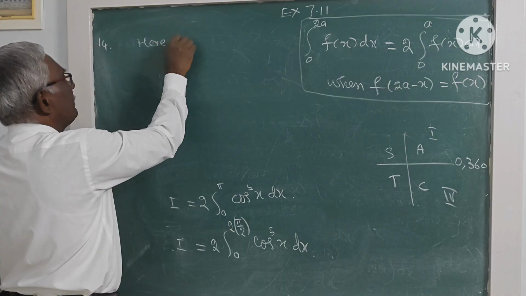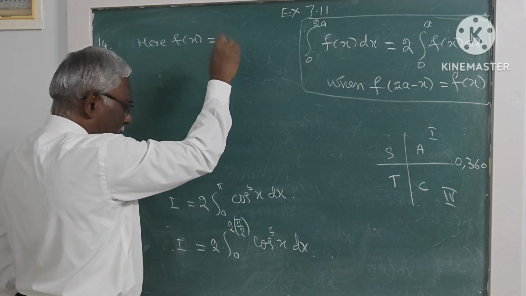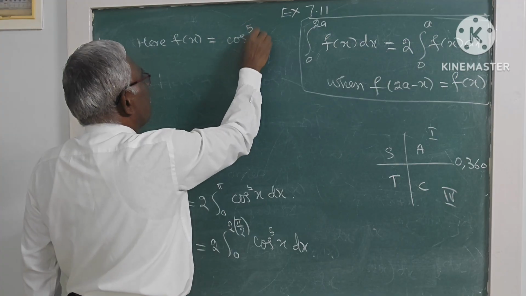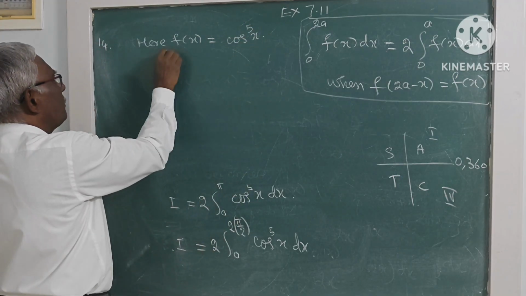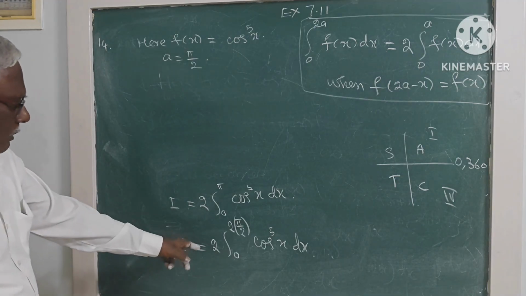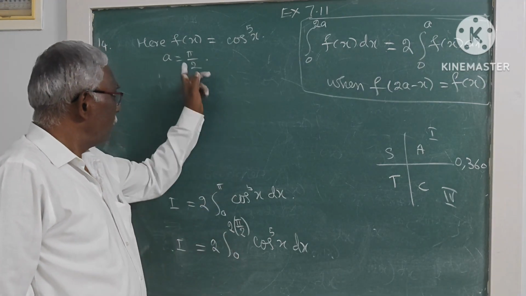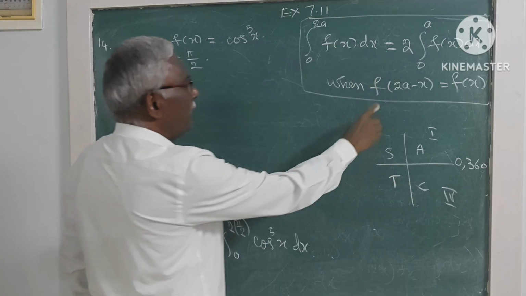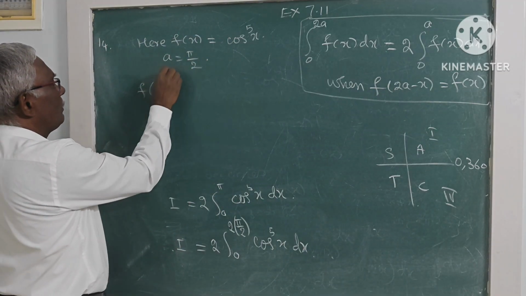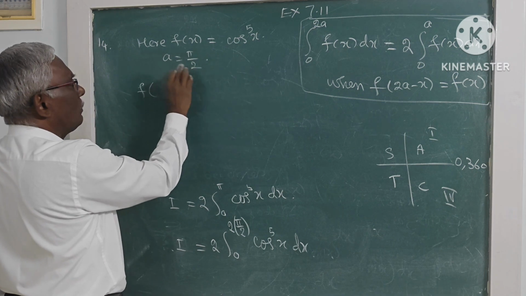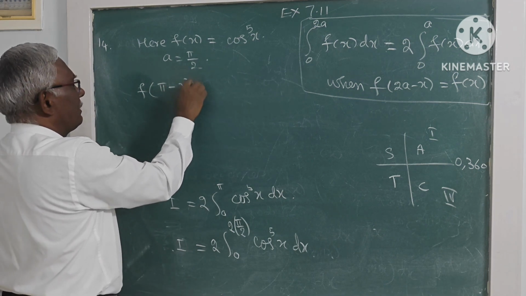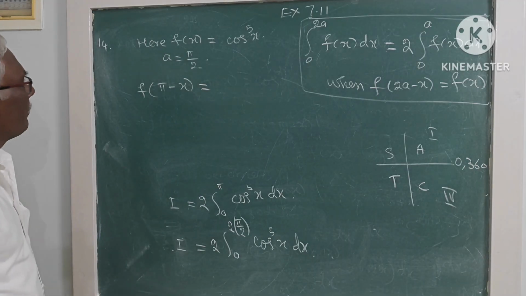Here f of x is cos x power pi. A is equal to pi by 2. 0 to 2a is pi by 2. We have to find f of 2a minus x. So 2a is pi, minus x. This value we have to find.